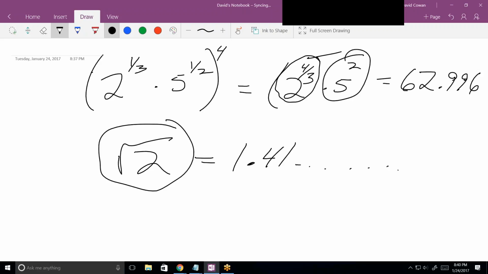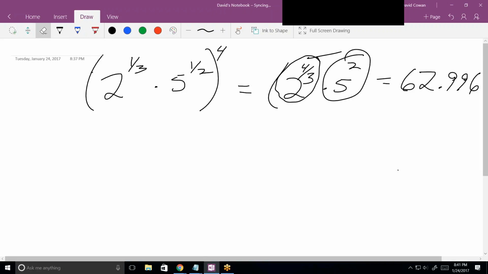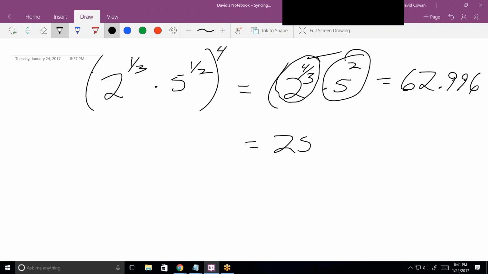That's how I'm given my answer because that is 100% accurate. So for this problem that we just did, it didn't give any instructions about rounding off the decimal, so I'd be reluctant to turn it into a decimal. I would give the answer like this: 25 times 2 to the 4/3.